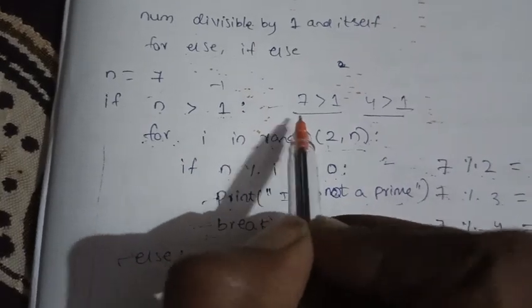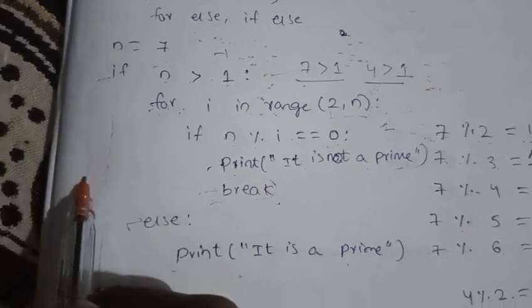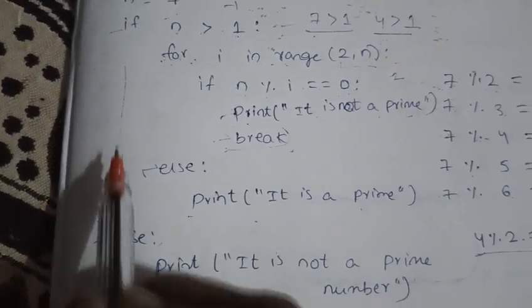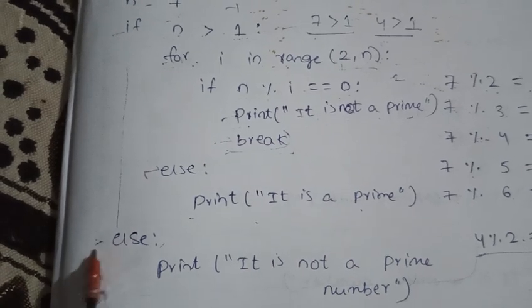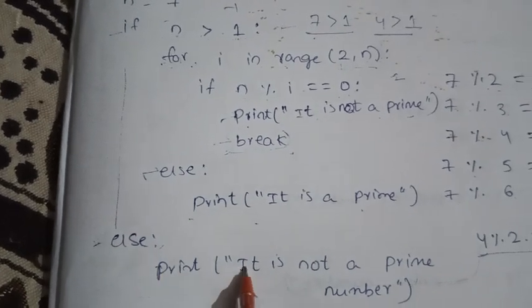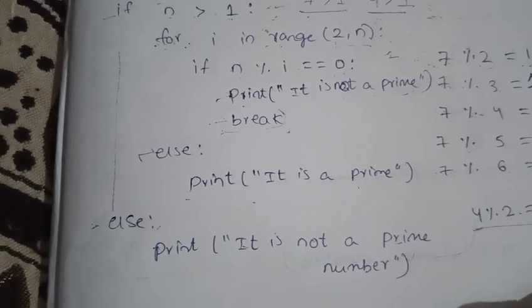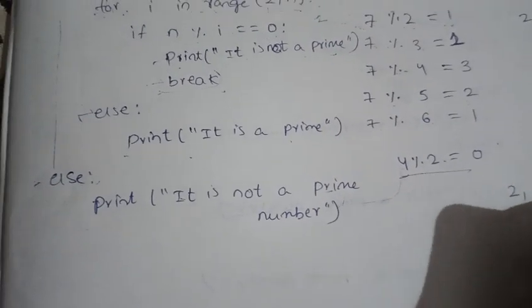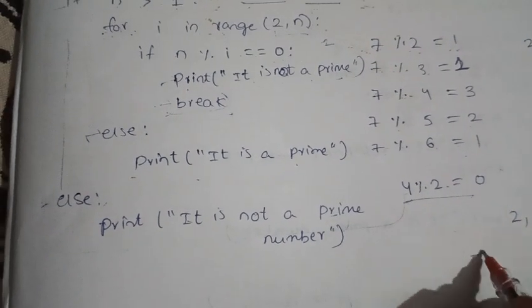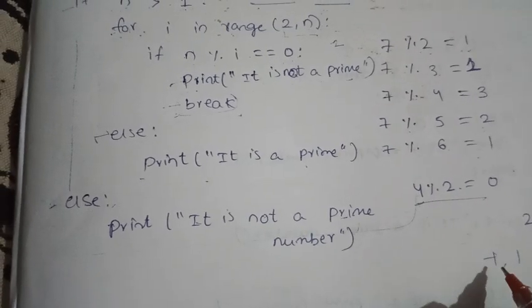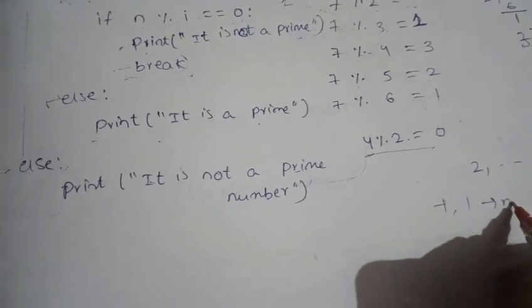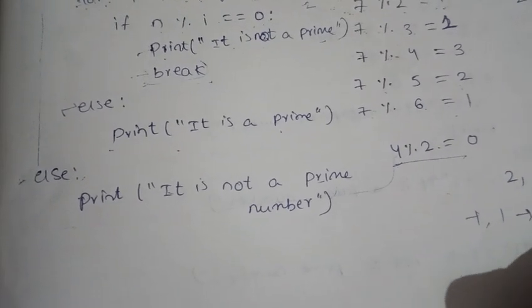It's false. Then it will come to the else part and print it is not a prime number. So a prime number starts with 2 and goes on, but negative numbers and 1 are not prime numbers.